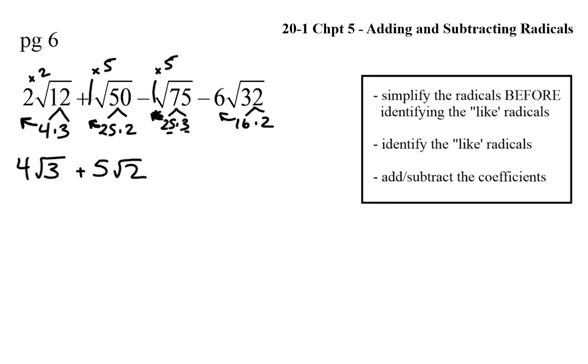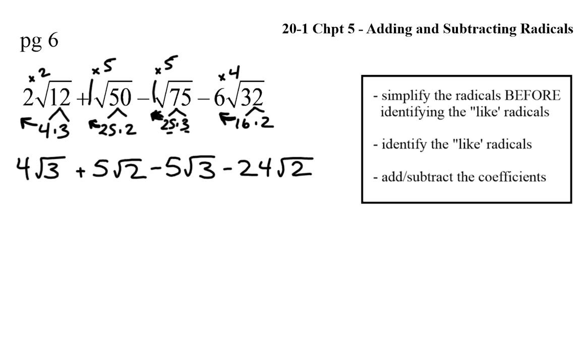Make sure you multiply the -1 by 5, which is a -5 root 3. And the last one, 16 is going to root out. Root of 16 is 4, so we have to make sure that that coefficient, -6, multiplies by 4, which is a -24, but still with the root 2.